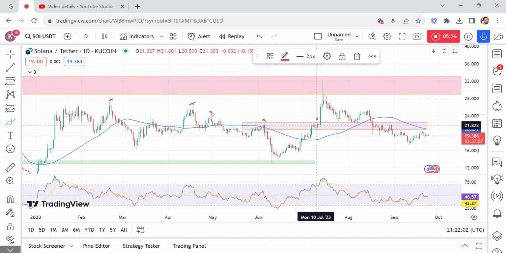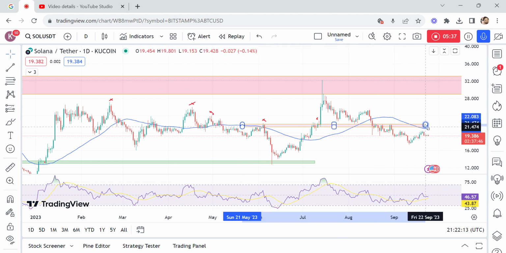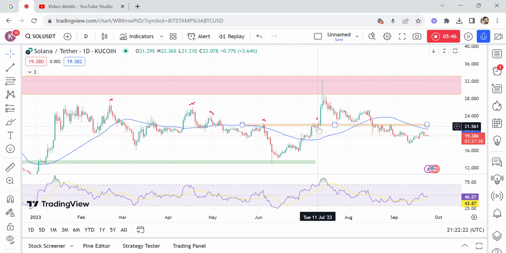So this particular red candle, or this level, is actually a valid order block. It's the last red candle before the massive move high, taking out these stops.